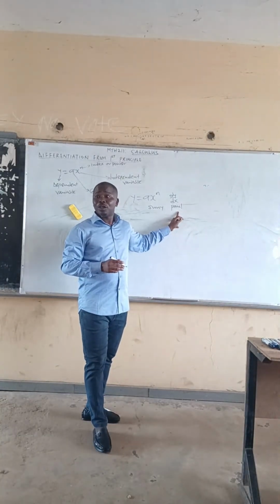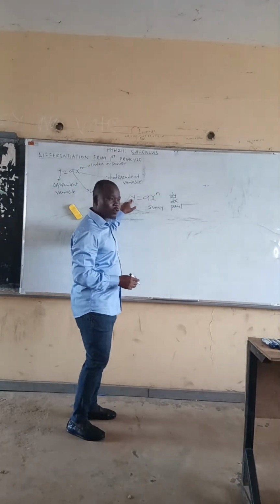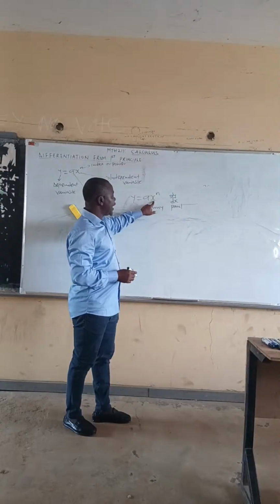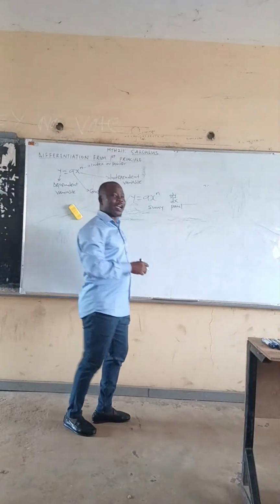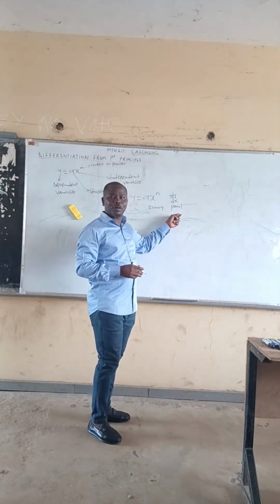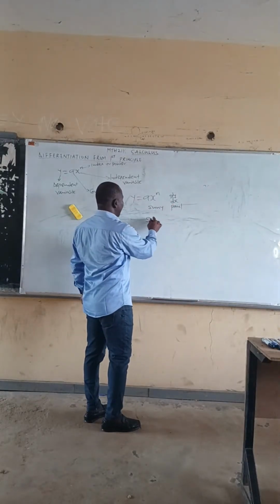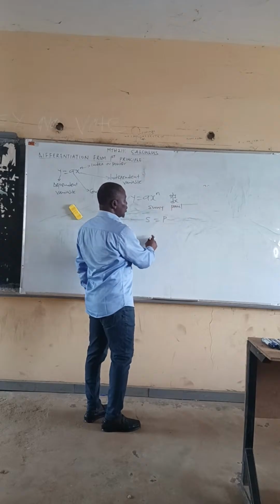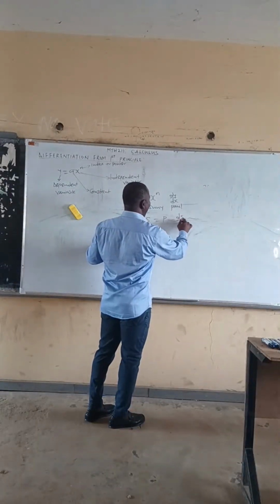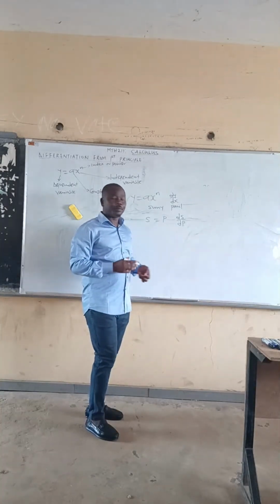So y is the Sonny, while x is the Paul. That is why you always see Sonny Paul. Then if we are to find this function, it means it's going to be ds over dp. Can you see now?